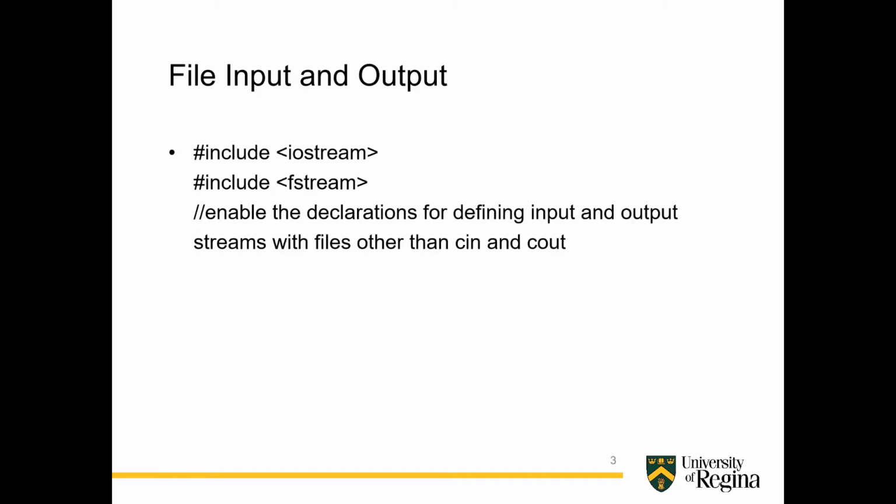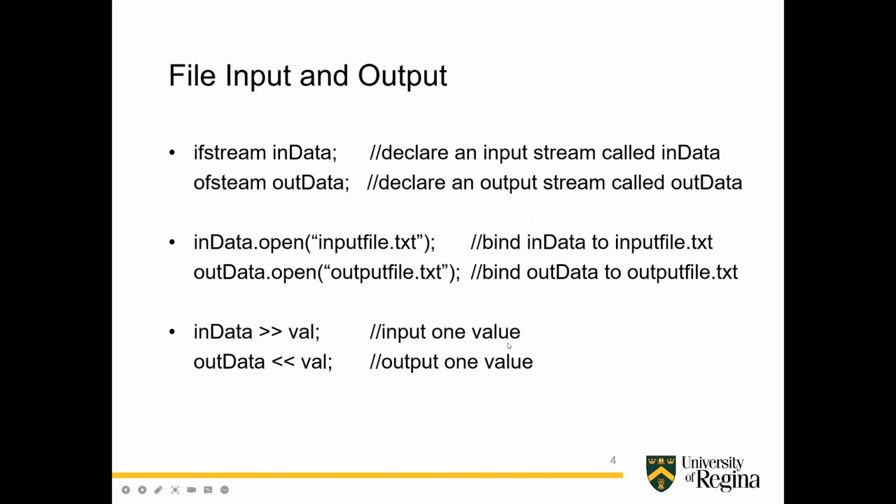To use file input and output, we need to include the fstream library so that we enable the declaration for defining input and output streams with files other than cin and cout. And then we declare an input stream called inData by using the keyword ifstream, and inData is just a name.